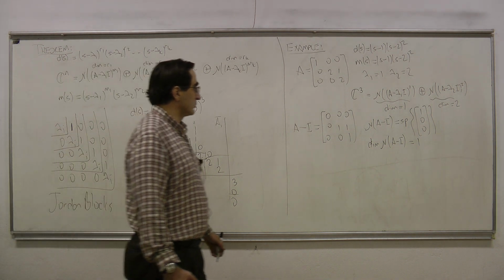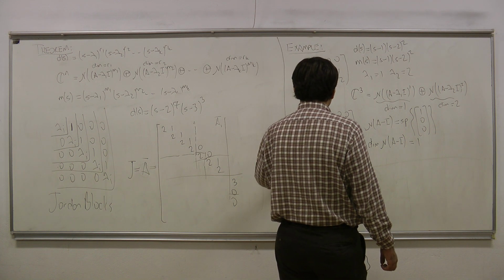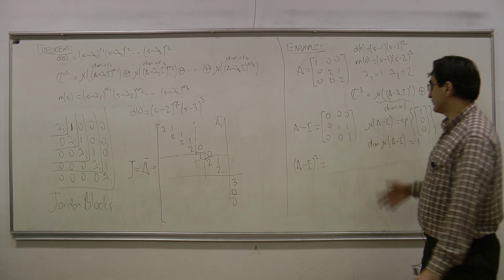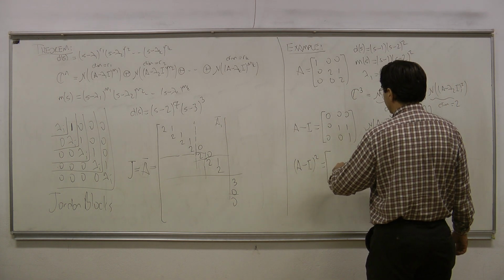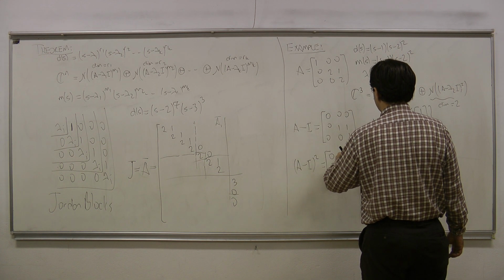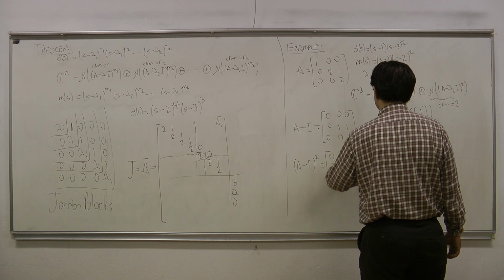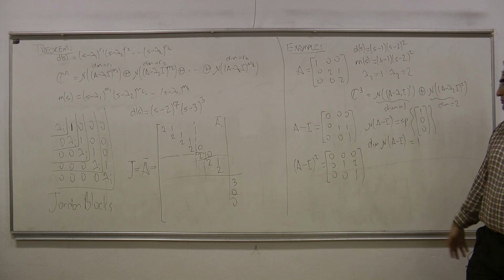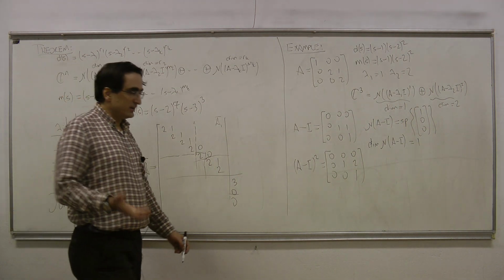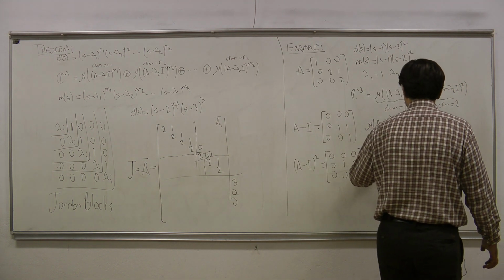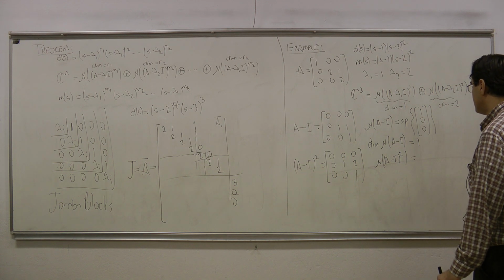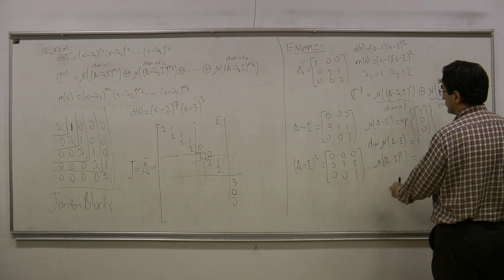Now I'm going to ask the following question. What happens when I take the square of this matrix, (A - I)²? Let us take the square of this matrix and look at the null space. The square would be this matrix, with rows 0, 1, 0 and 0, 2, 1. Now what is the null space of (A - I)²?